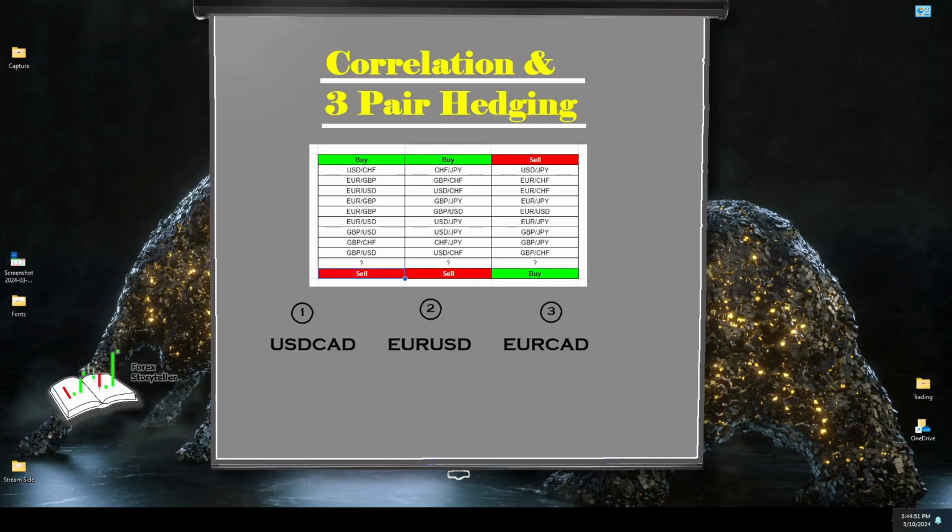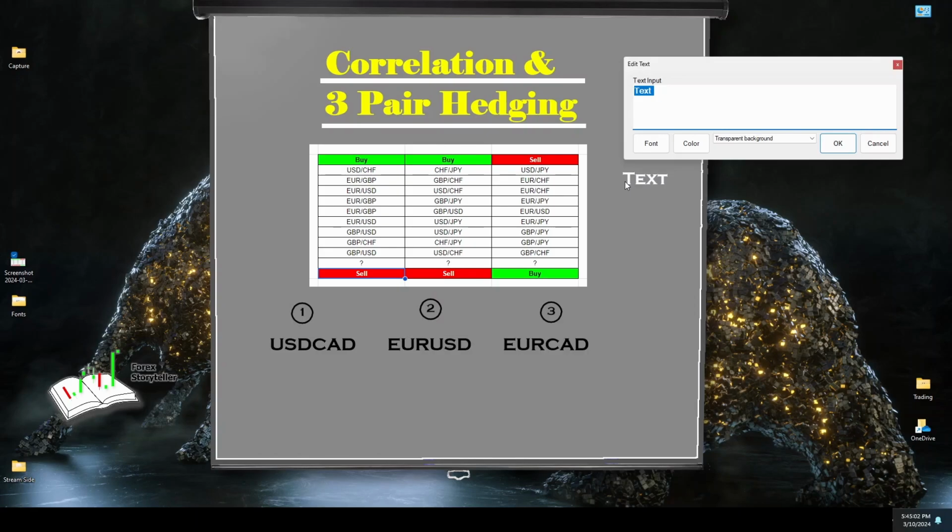Then what we're going to look at is correlation. The setup is fairly simple. One pair will have a negative correlation, and two pairs will have a positive correlation.